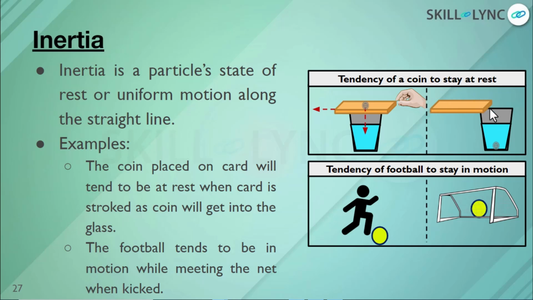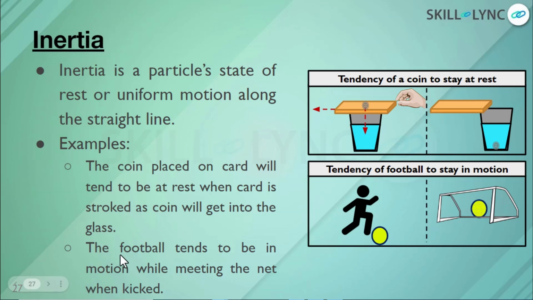This happens because of the tendency of the coin to stay at rest. The coin was at rest before also, but as the card starts moving, the coin tries to stay at rest only. It doesn't try to move with the card. Although it was resting on the card, it was trying to be at rest and thereby it falls inside the water.